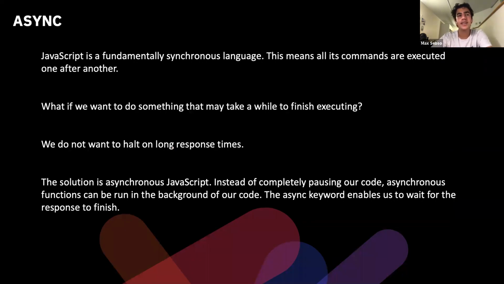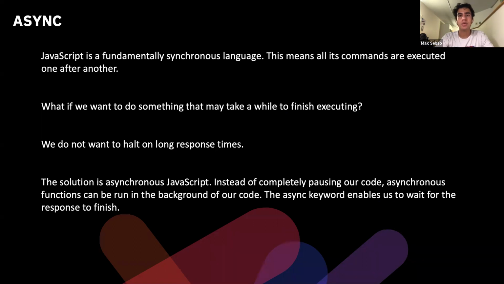So the next thing we are going to talk about is this thing called async. JavaScript is fundamentally a synchronous language, which means that each function call or each line of code is executed one after the other. And this is what we're, I guess, used to also in other programming languages.